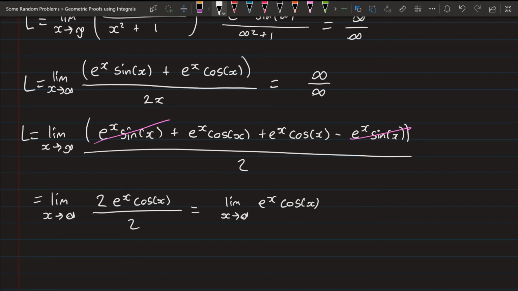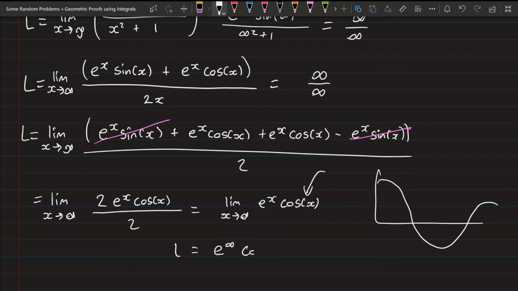Okay. We still have an alternating function here. Again, just like the sine function, it alternates between positive and negative real numbers, between 1 and -1. But we have an exponentially growing function here also. So we get L is equal to the limit as x tends to infinity, which is e to the infinity of cosine infinity.